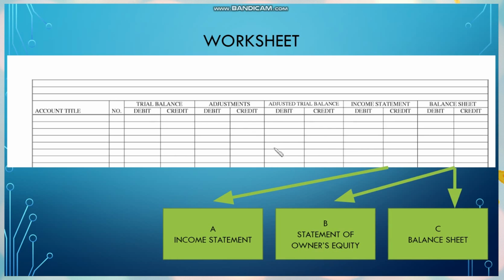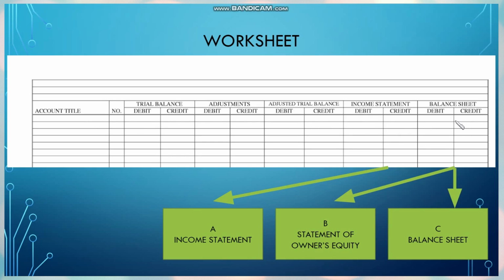the adjusted trial balance. Now, the income statement account balances and balance sheet account balances are extended to the last 4 money columns. If the account title would go to the income statement, then they will be transferred here, extended here. But if the account title is included in the balance sheet, then the amount would be extended to the balance sheet column.